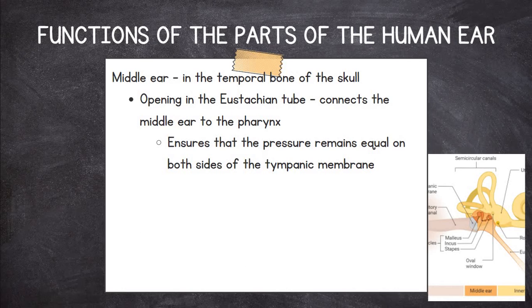Then we have the opening to the eustachian tube, and it connects the middle ear to the pharynx. Now remember, the pharynx is linked to our throats, so this is why when you swallow, sometimes your ears block or go open. If you've ever flown in an aeroplane, you know that the change in air pressure might cause your ears to become blocked.